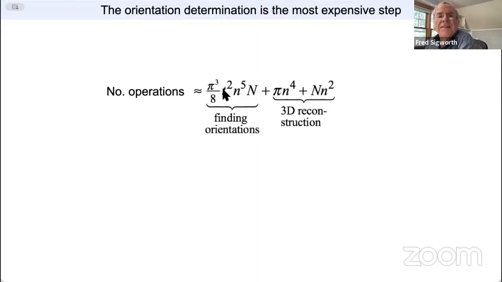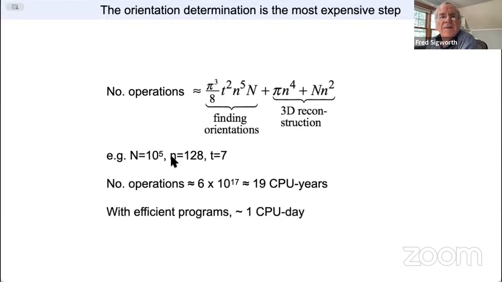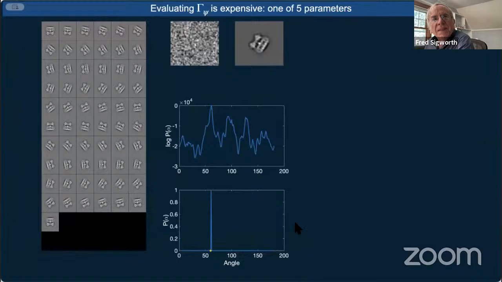T is the number of translations, and the number is huge. So if you put in a typical problem, it's a huge number of operations, and with efficient programs like Reliant, it might be 1 CPU day to find the orientations for 1 iteration. Now with GPUs, this can be 100 times shorter.